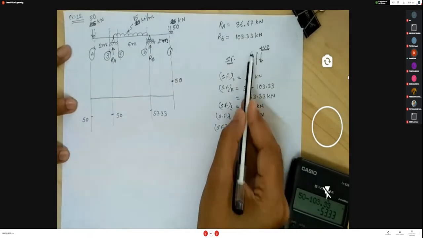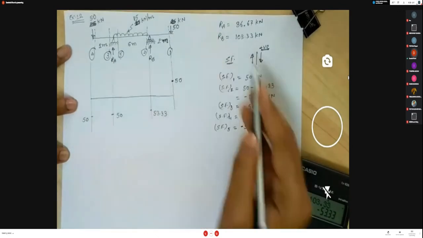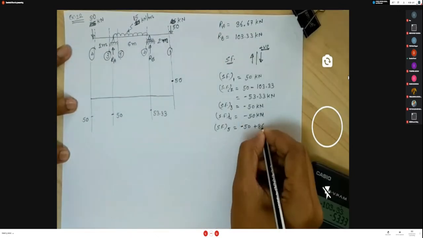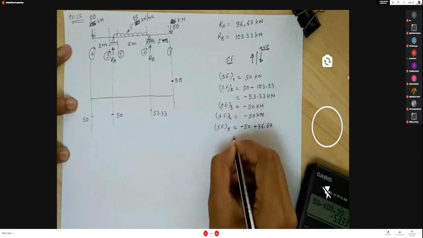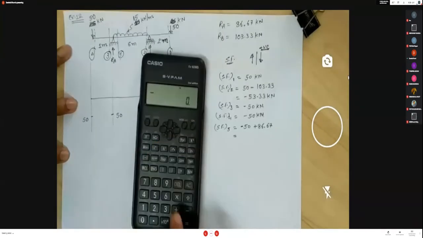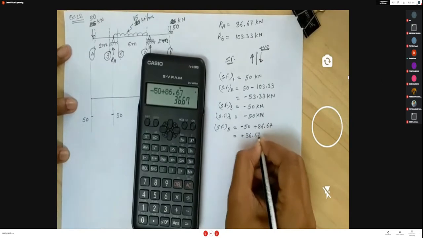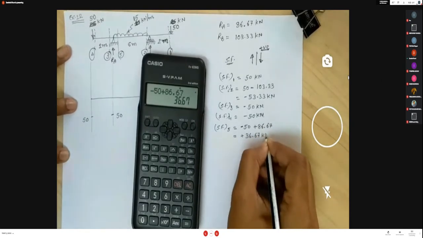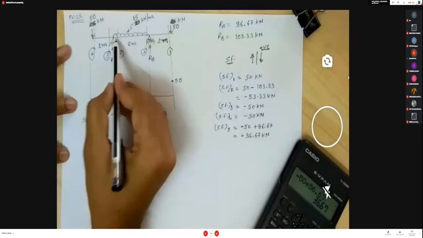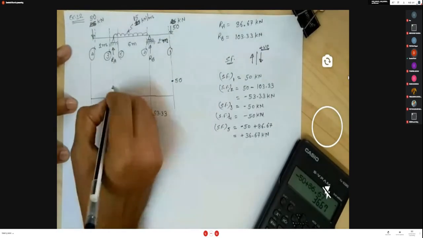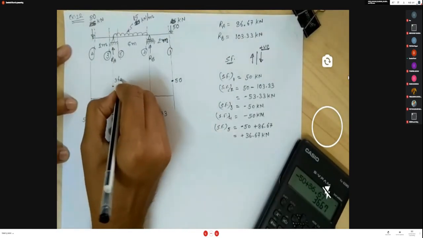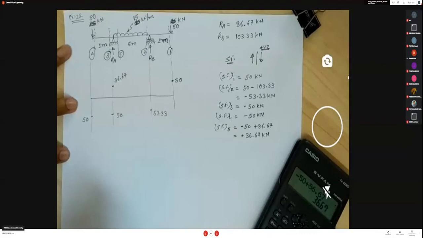So on the left hand side upward is positive. RA is plus 86.67. So minus 50 plus 86.67, so plus 36.67 kilonewton. Okay. So section 5 is here. So at that point you get this another value 36.67.